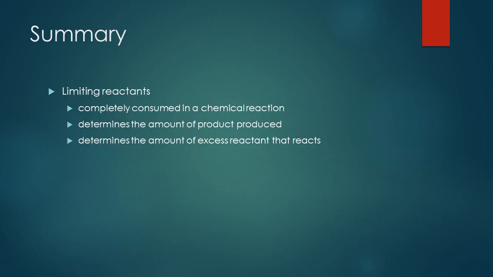Recall, to calculate all of these, we simply need to do some stoichiometry calculations, some gram-mole-mole-gram calculations, if you will, to determine which reactant will give us the least amount of product. That tells us the amount of product that can be produced. From that we can determine the excess reactant. We can figure out how much of that reacts along with it in order to determine the amount that remains.